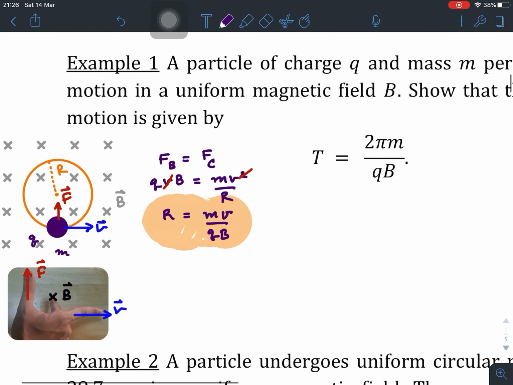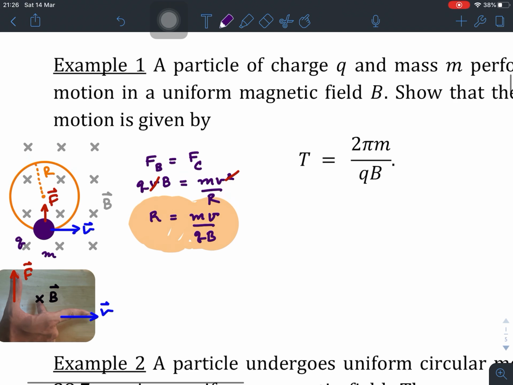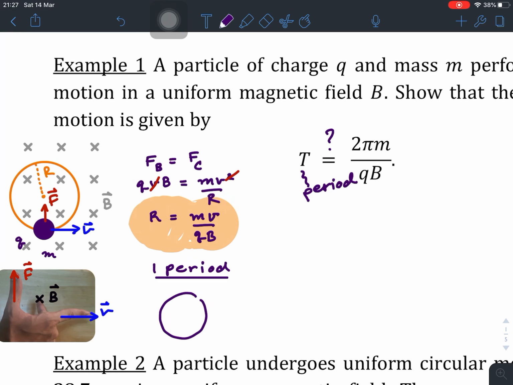That's a common formula for the circular motion of a charge under a magnetic field. But this time, the question is asking you to prove the period. When we consider the time period, T, one period is essentially a motion with one circle. Your charge is making just one circle.